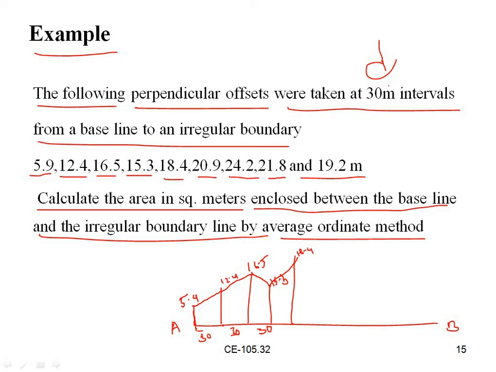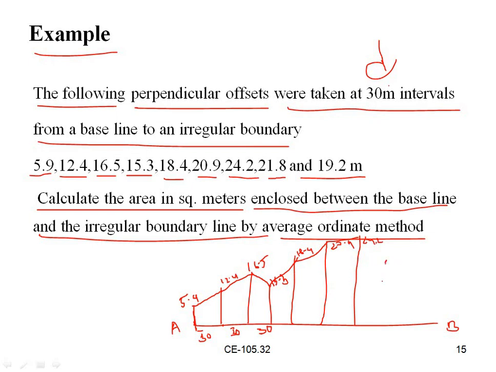Okay. Then again you take some distance, that is more than 18.4, that is 20.9. So from here it will be joined. And again after 20.9, more than it is 24.2. So join this.